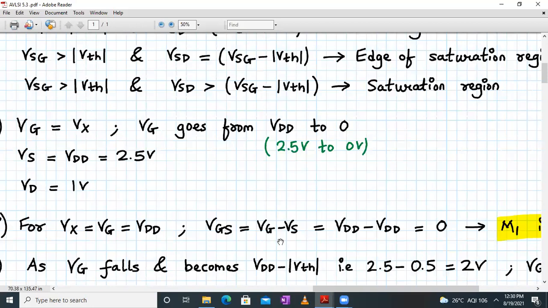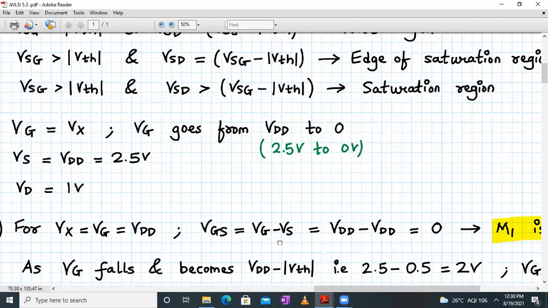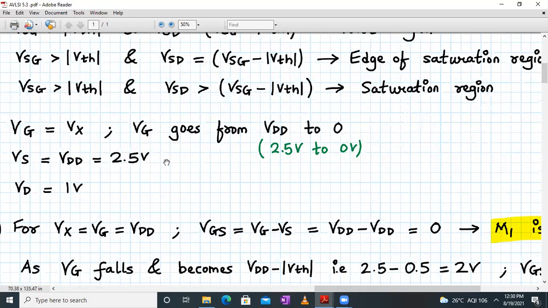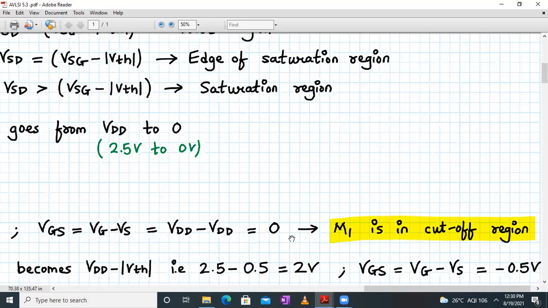VGS will be Vg minus Vs. Both Vg and Vs are connected to 2.5 volts, so my VGS value will be 0. Whenever VGS value is 0, my transistor is in cutoff region. Any doubt in this? So your transistor is in cutoff region.